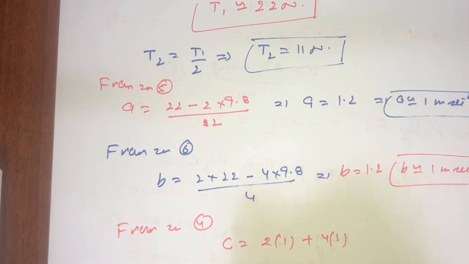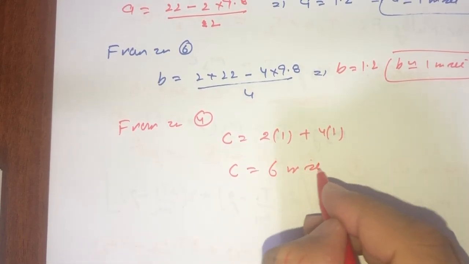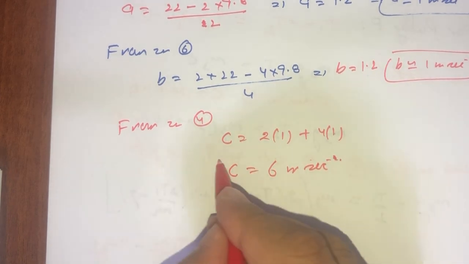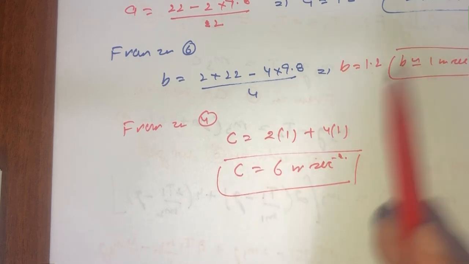So we get C is equal to 6 meter per second square. So we got the acceleration of A, B and C.